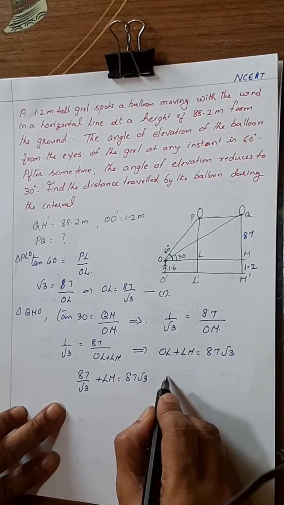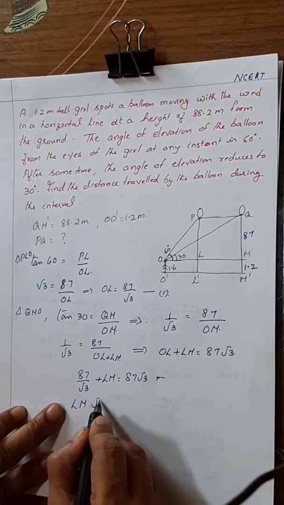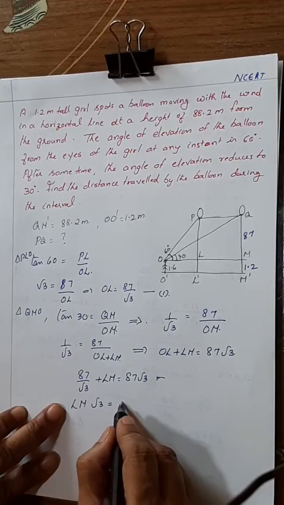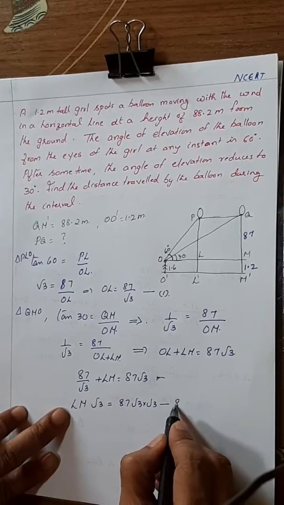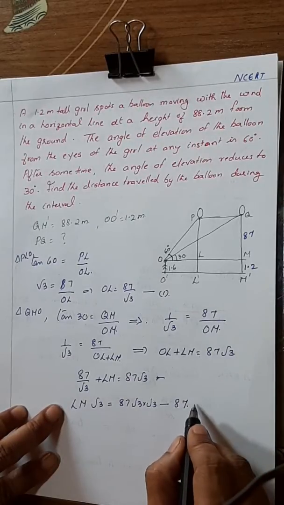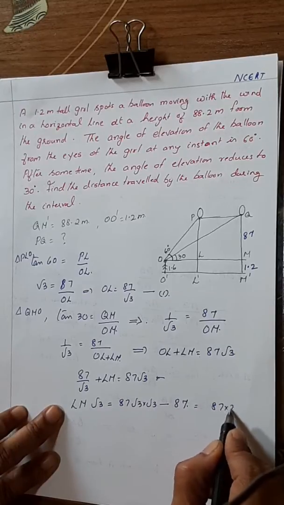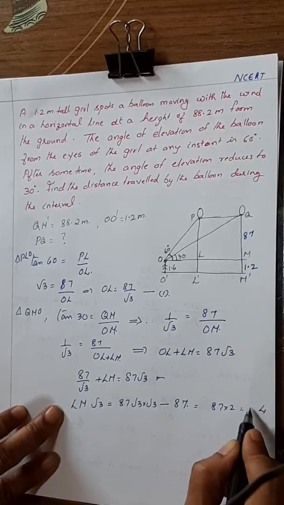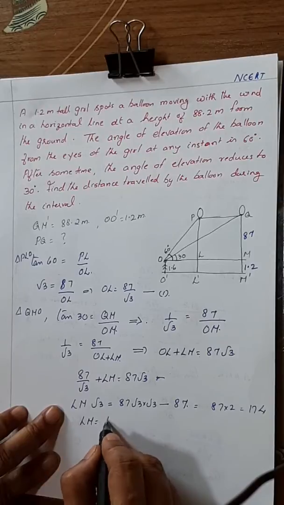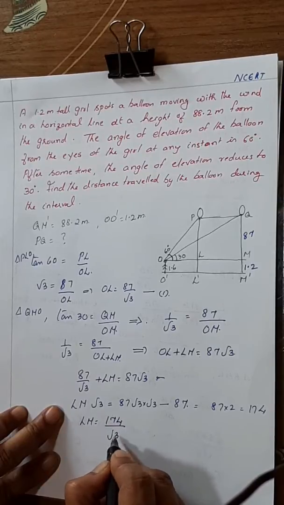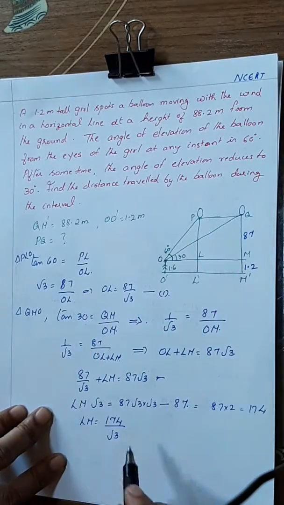So LM root 3 is equal to 87 root 3 into root 3 minus 87. So this is 3 minus 1, 2. So 87 into 2. So LM is equal to 174 by root 3. So PQ and LM are same.